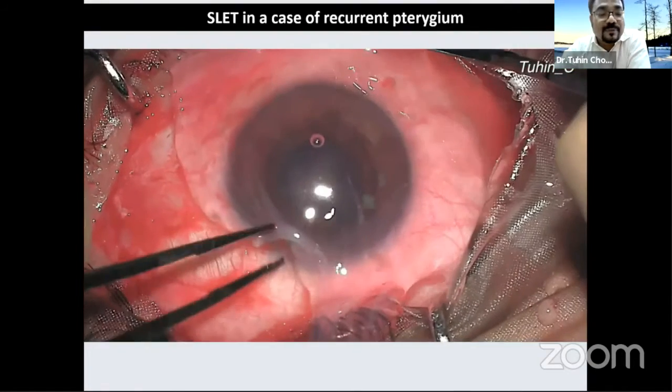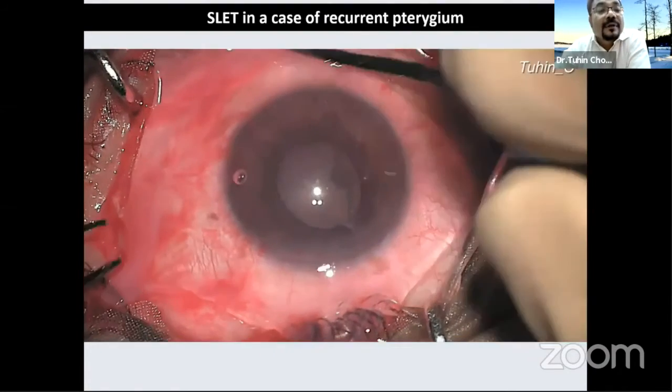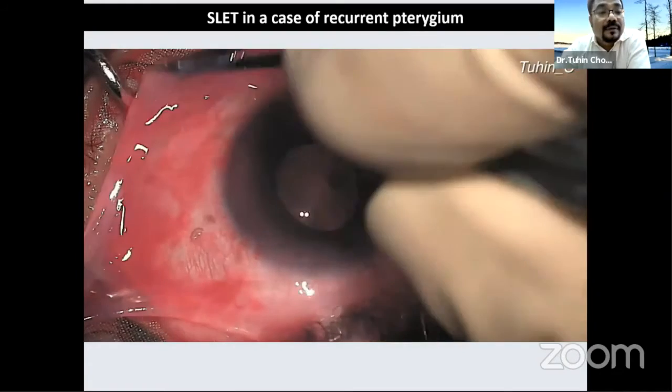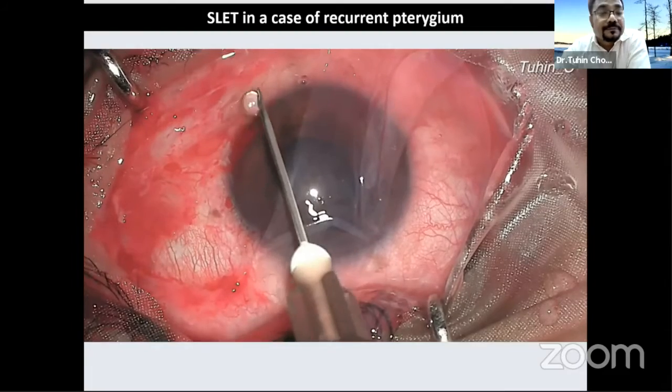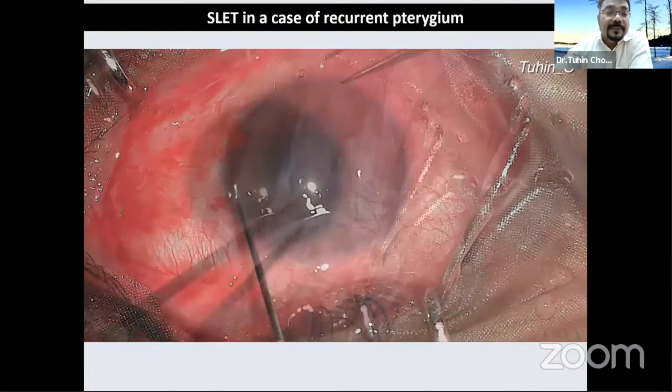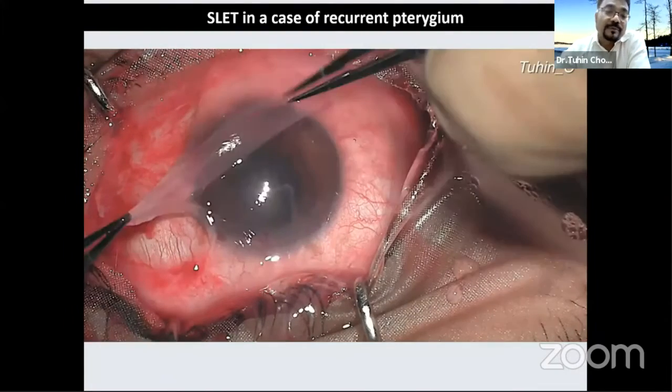Then put this amniotic membrane over the bare area, and it is fixated by using fibrin glue.